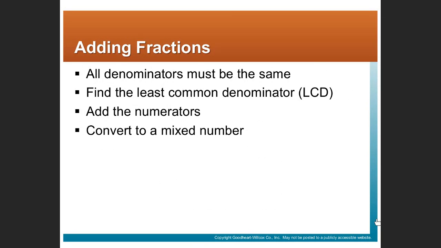In other words, the lowest number in the denominator that I can convert all those numbers to. Once I convert everything to the least common denominator, I add all the numerators, put that sum of the numerators over the common denominator, and then convert that back or simplify it to a mixed number if I possibly can. So let's see what that looks like.